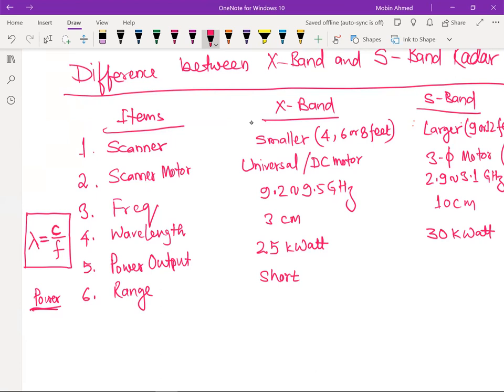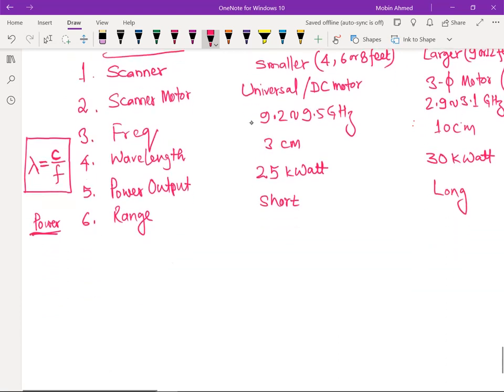If transmitted power is more, range is also going to be more. Higher frequency is going to have the shorter range, whereas the small frequency is going to have the longer range. Again, it depends upon the frequency and power both. The range depends upon this.